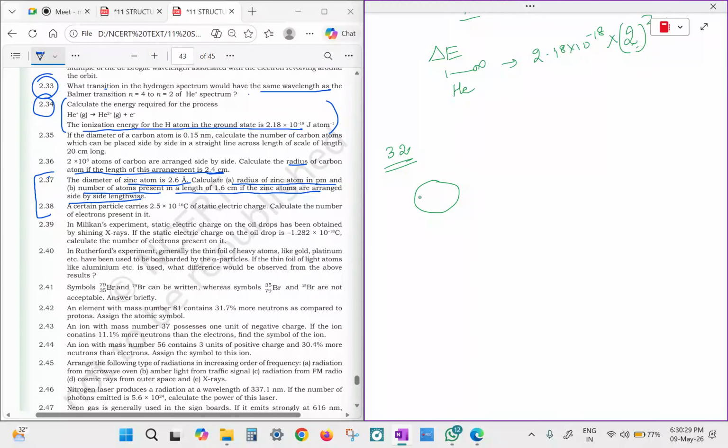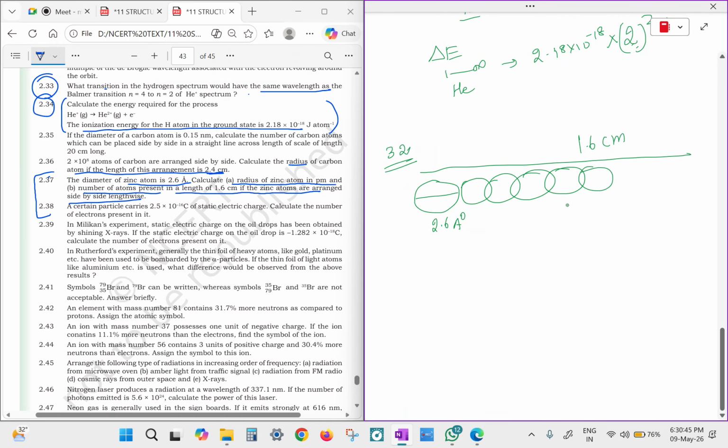The diameter of one atom is 2.6 angstrom, 2.6 into 10 to the power minus 10. Now they are saying that you have got a 1.6 centimeter line. So how many atoms of zinc should be placed side by side? Easy, na? 1.6 divided by the diameter of a single atom will tell you, right?